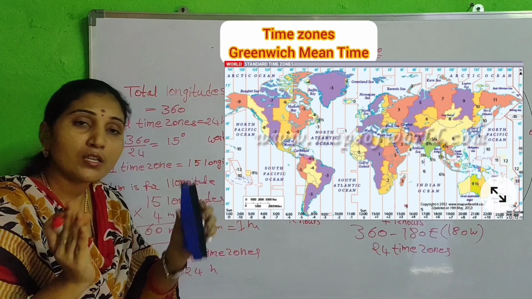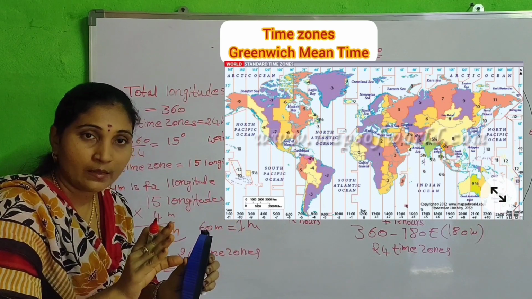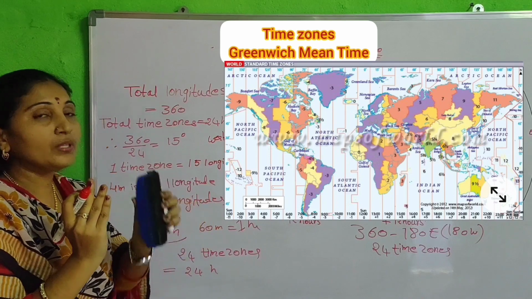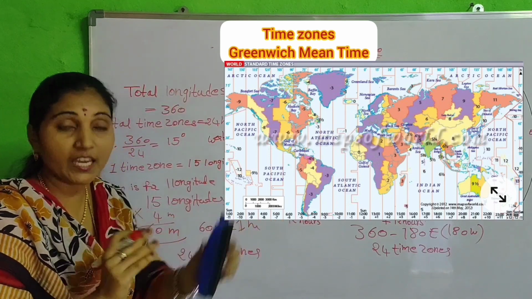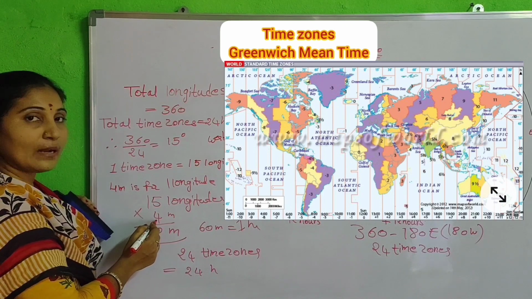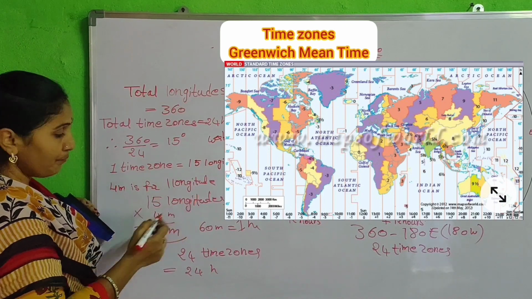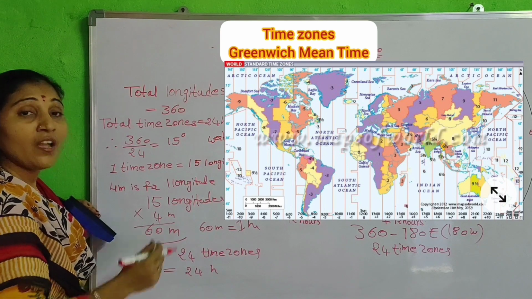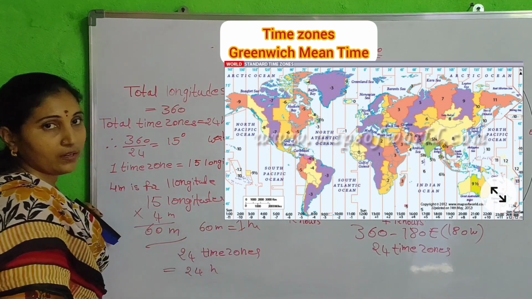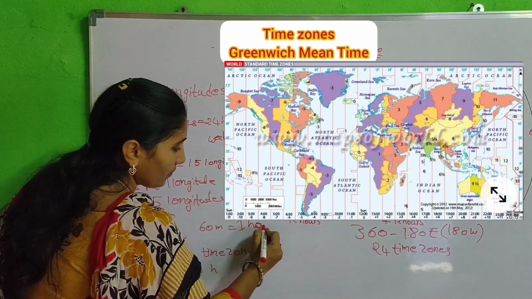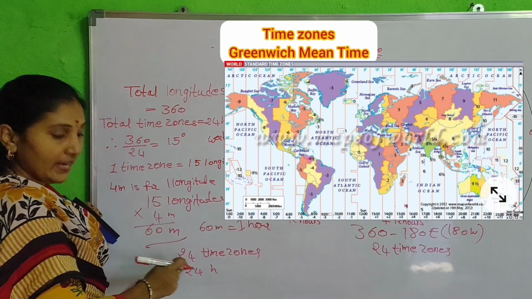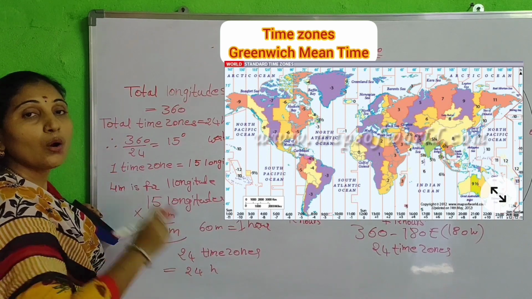Zone means 15 longitudes, but what I am telling is that only from one longitude to another longitude it takes 4 minutes. So when we calculate for the zone, the complete 15 longitudes, it becomes 60 minutes. When I convert the 60 minutes to hours, it is 1 hour. So total 24 time zones and 24 hours means 1 day.